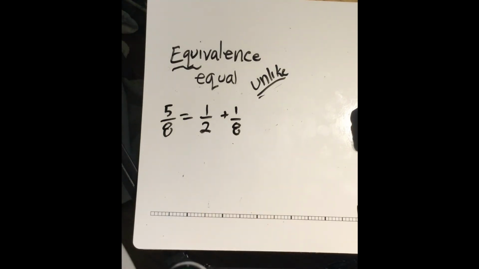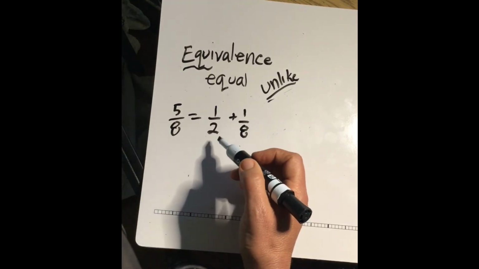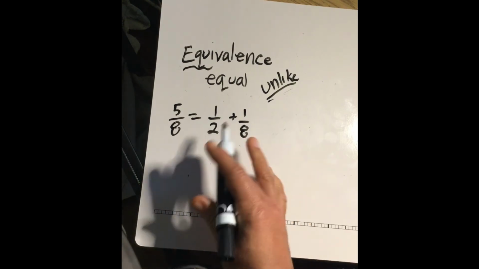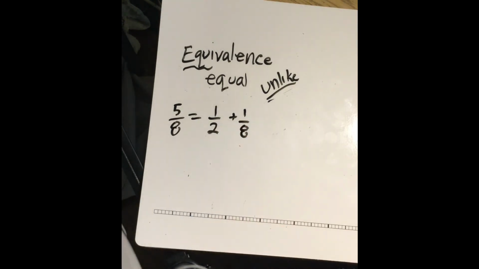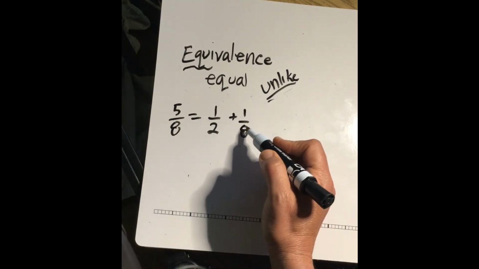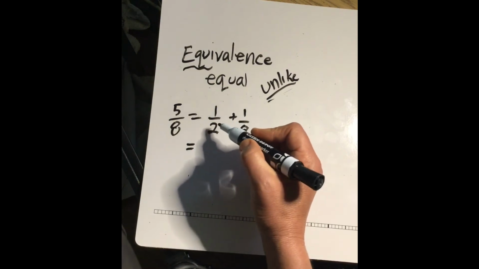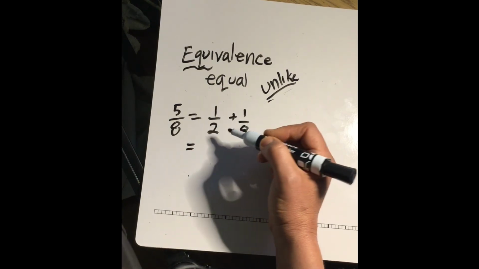All right, so what I can do is I can change this first number to have an 8 in the denominator. You don't always have to change both of them. So if you look at it for a little bit, you think, what am I going to do here? And you don't have to change both of them. So I'm going to say that 1/2, I want to change this to have 8 in the denominator.